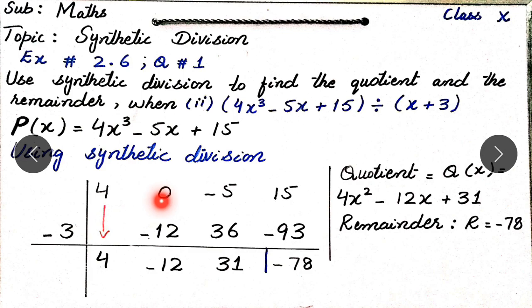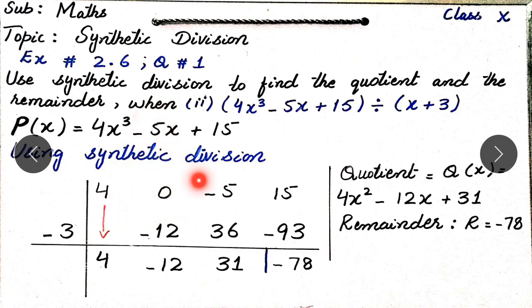You have to be very careful here, as some students in a hurry forget to write the coefficient of the missing power. You have to watch which power is missing. Instead of it you put 0. So x square is missing, so you put 0 here.